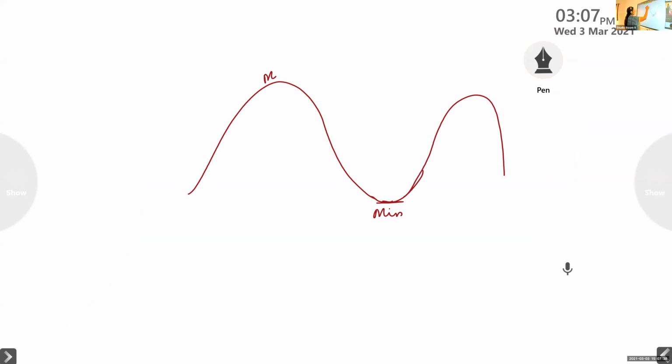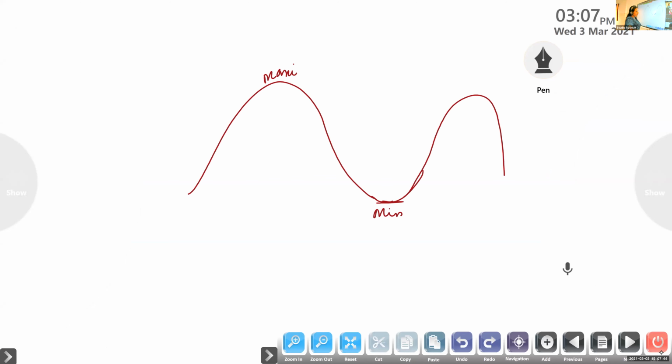So this is the maximum, and here it attains its minimum. Here the curve is going on increasing, after increasing it reaches the maximum value and thereafter goes on decreasing. Here it goes on decreasing and once it attains its minimum value, thereafter it goes on increasing.